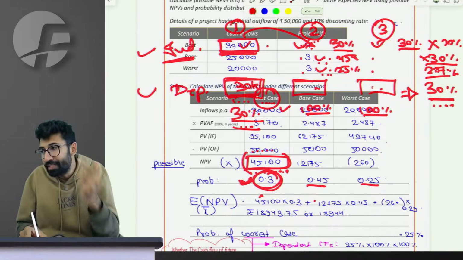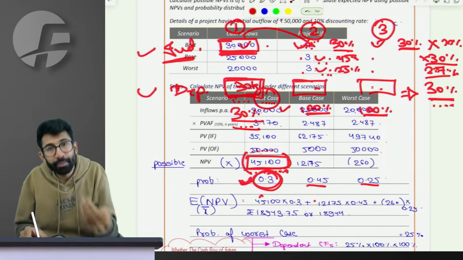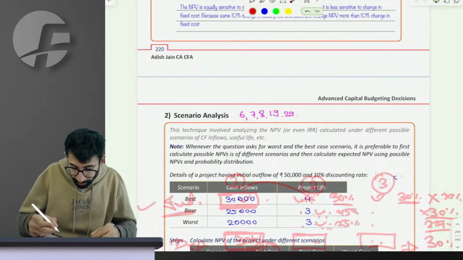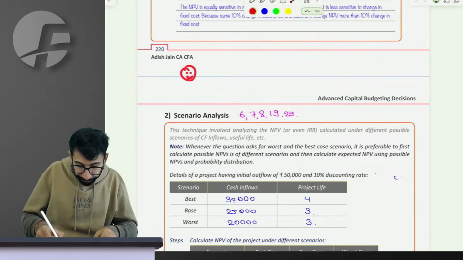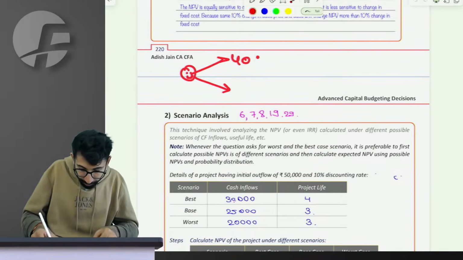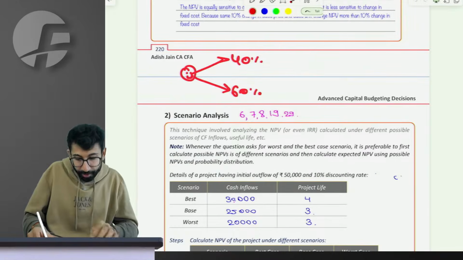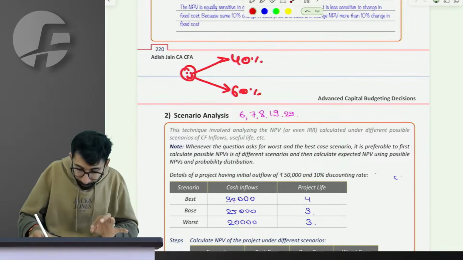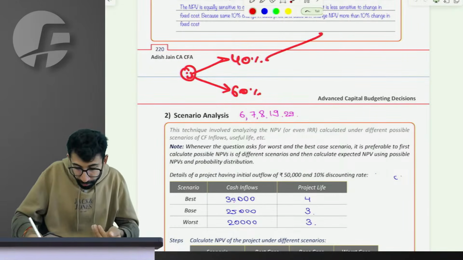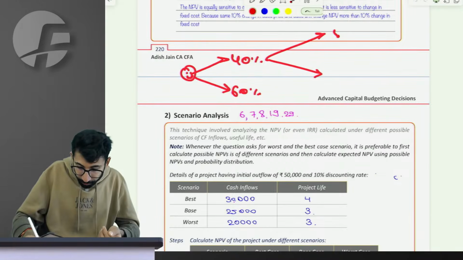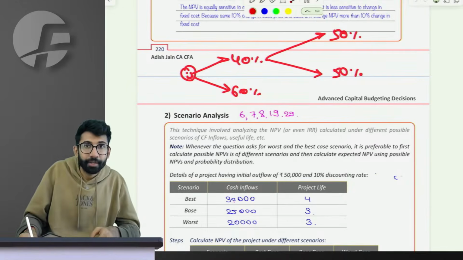I'll give you a very easy example to explain this concept again. Sir, imagine that you are here. There is 40% chance that you will clear CA Foundation, and 60% chance you won't clear. If you clear, then only you go to Inter, and there is 50% chance of clearing Inter and 50% chance of not clearing it.